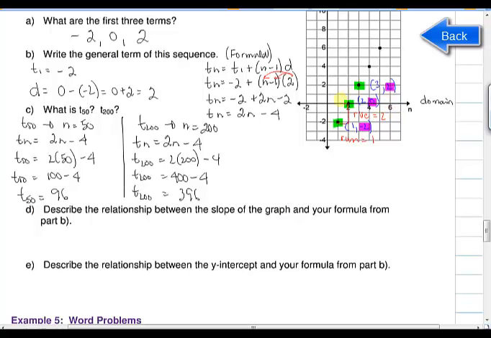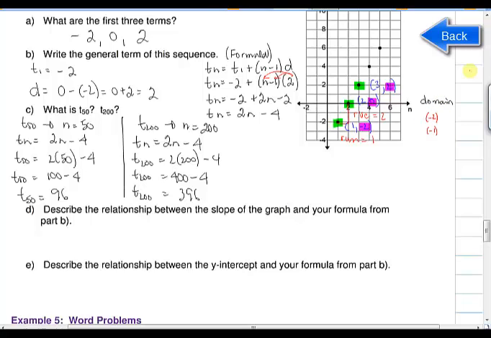Even if I were to go from our second point to our first point and I would go down 2, that would be negative 2. So I'll just put that over here. And if I go to the left 1, that would be negative 1. So my rise would be negative 2 and my run would be negative 1. I'm still going to get the same slope.